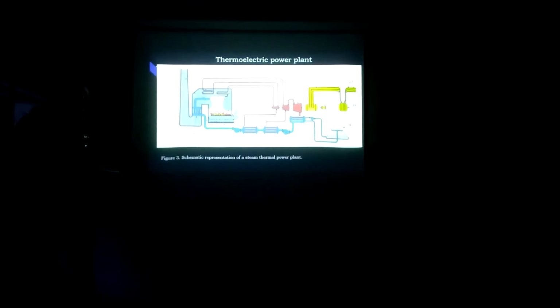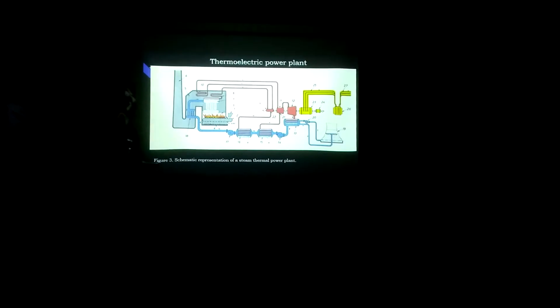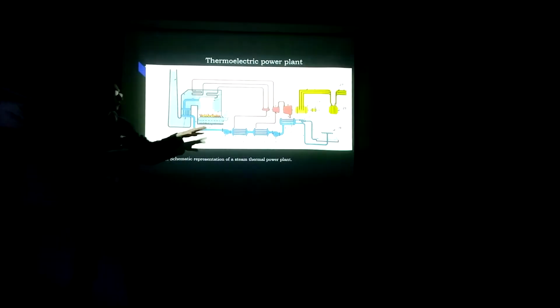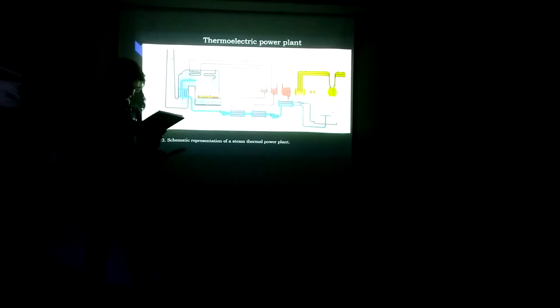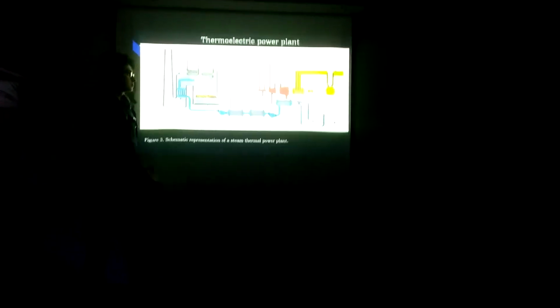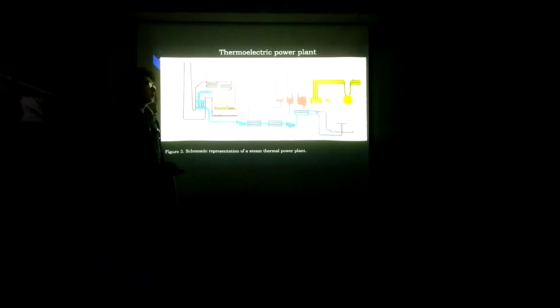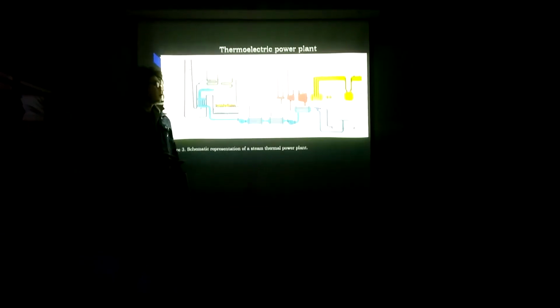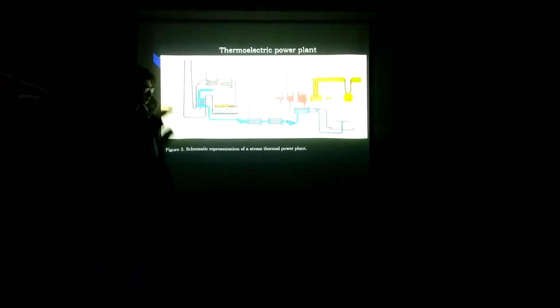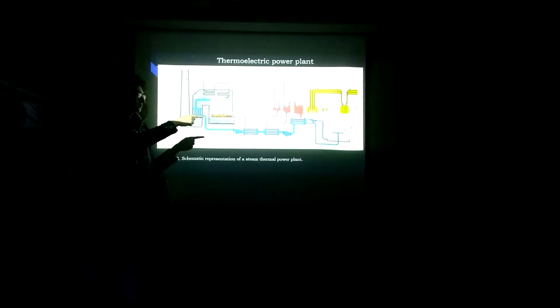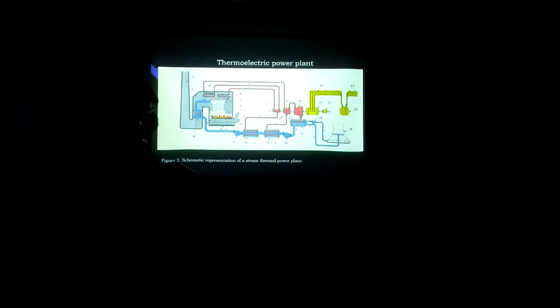So, on the outside of every turbine, there are some condensers. In these condensers, the hot fluid is the steam, and the cold fluid is the water that is in the cooling tower.